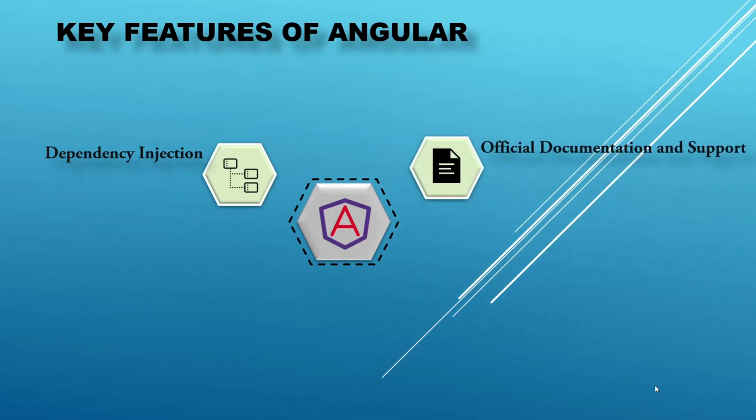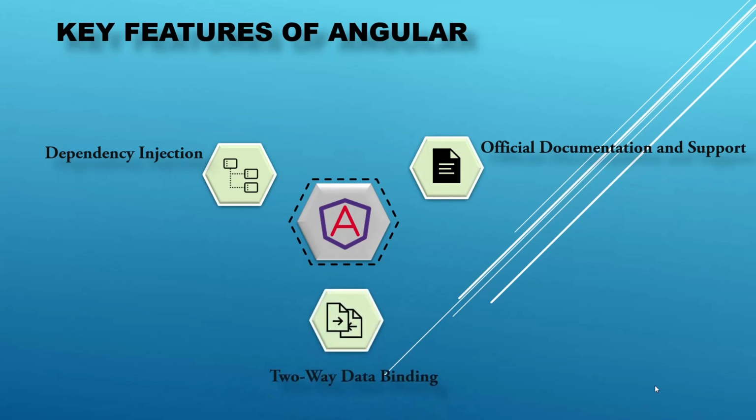Second thing is, you have official documentation and support. Google is maintaining Angular, and Google is providing support as well. So you have good documentation and support. If you are facing any problem, you can raise a question on Google, and they will resolve it if it is a valid bug or valid error.